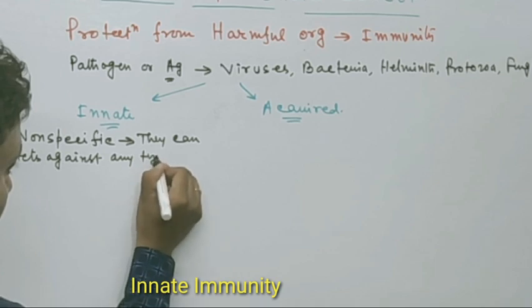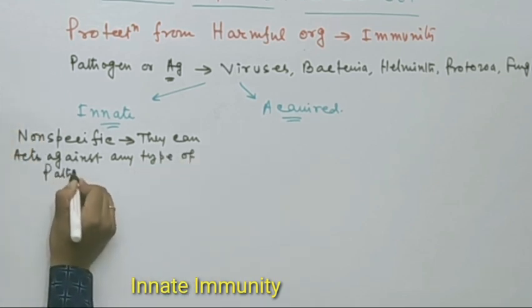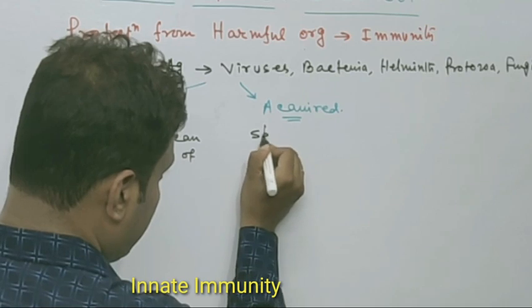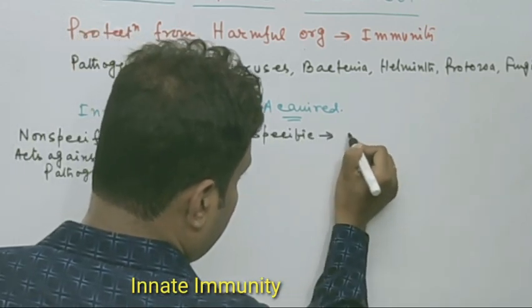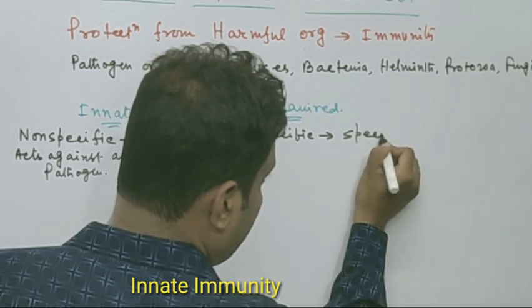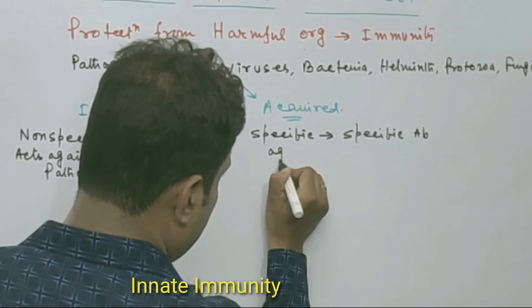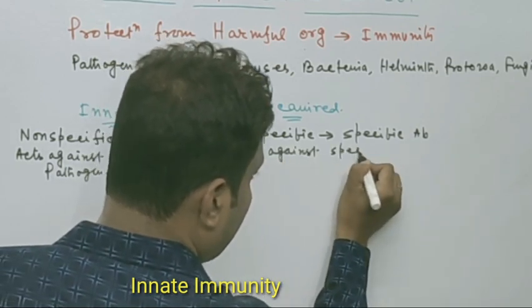So this is called non-specificity. But acquired immunity is specific for a specific type of antigen. They will produce the specific antibody against the specific antigen.